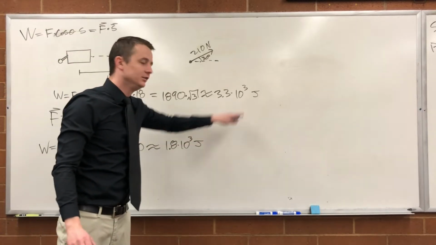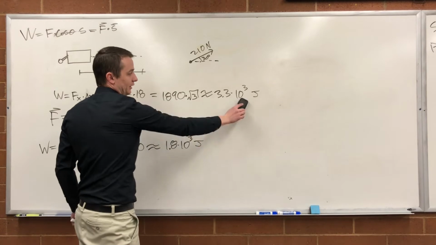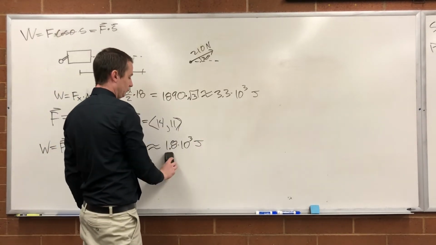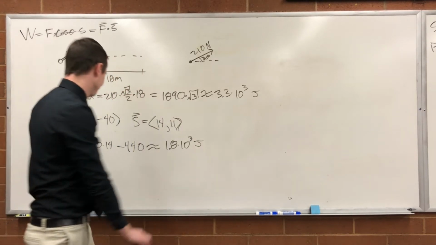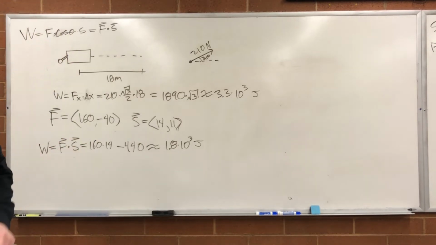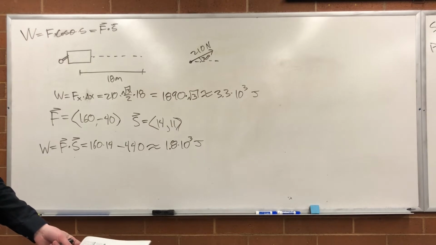Make it real easy. You see that these two numbers are basically the same order of magnitude. If I multiply these two numbers together, I know it's 3.3 times 1.8, now with 6 zeros behind it. Well, not 6 zeros, but shifted 6 places.